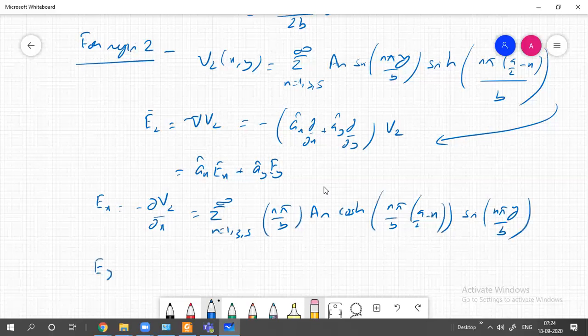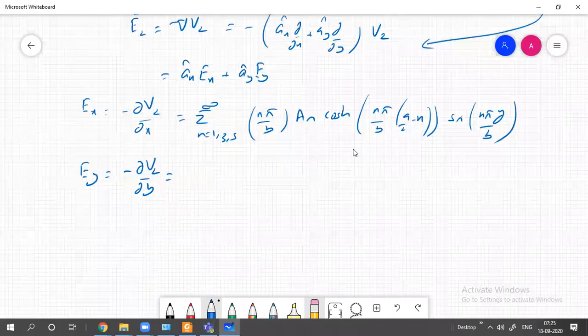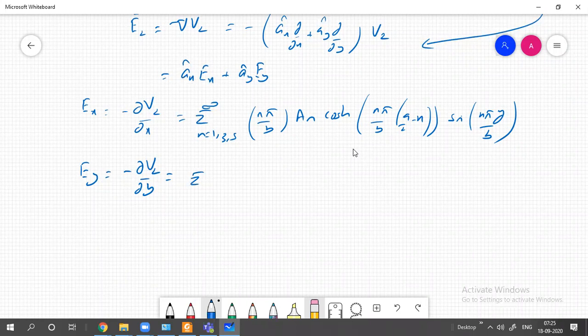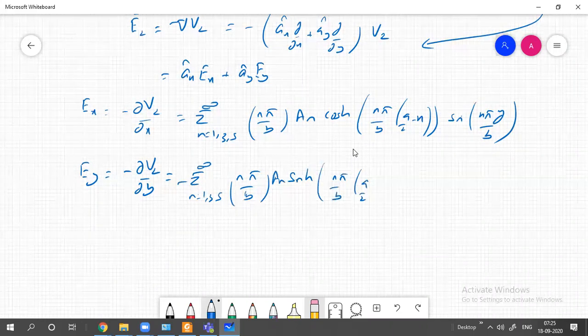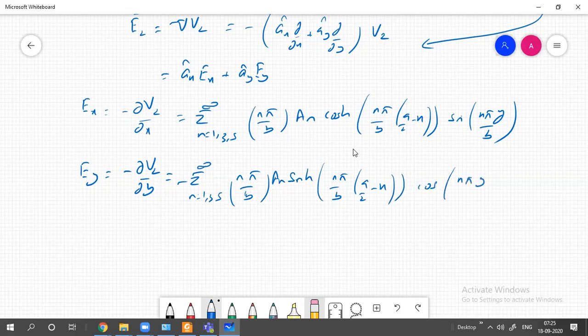Similarly, E_y will be minus del V2 by del y. So you differentiate V2 with respect to y. We will have minus the summation, n equals 1, 3, 5 to infinity, of n pi by b, a_n, sinh(n pi by b, a by 2 minus x) into cos(n pi y by b).